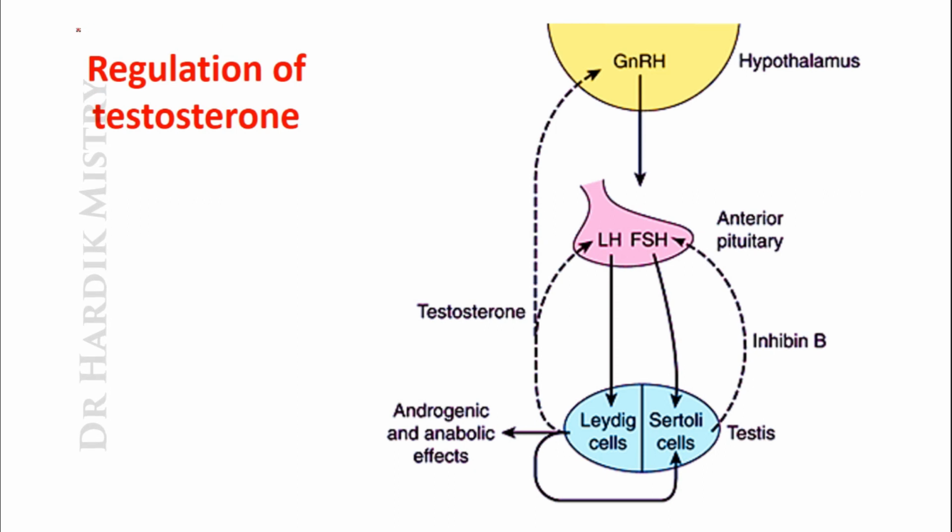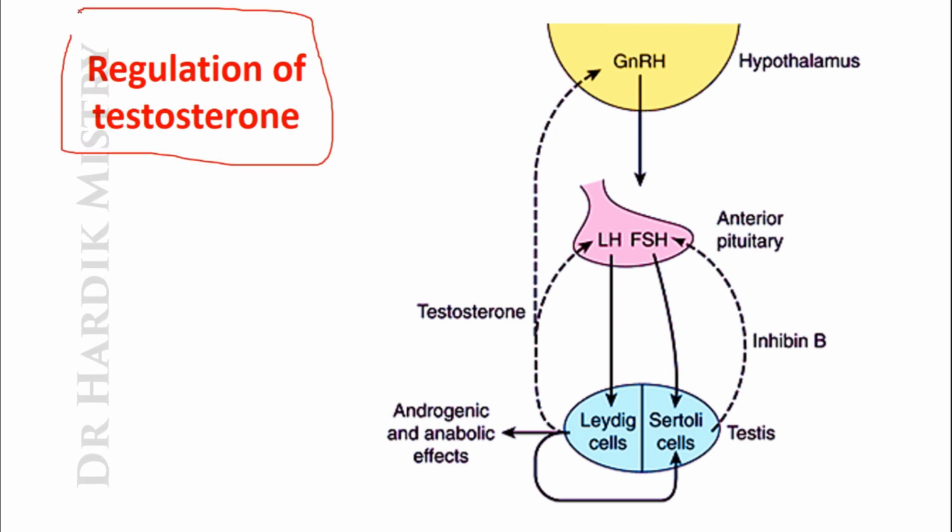Now, how does the regulation of hormone testosterone take place? First, in the hypothalamus, GnRH, gonadotropin releasing hormone, stimulates the anterior pituitary gland, so that there will be the release of LH and FSH into the blood circulation, and this LH has a direct effect on the Leydig cell and the production of testosterone.